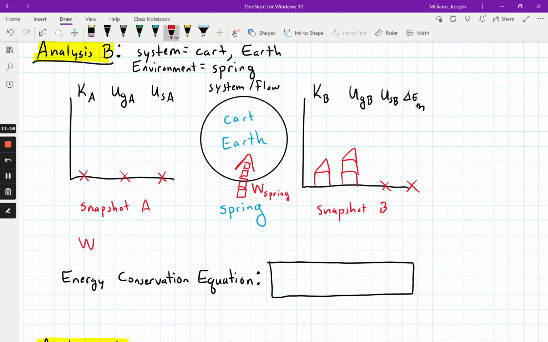The capital W means working. This is a working process. The subscript means by the spring on the system.